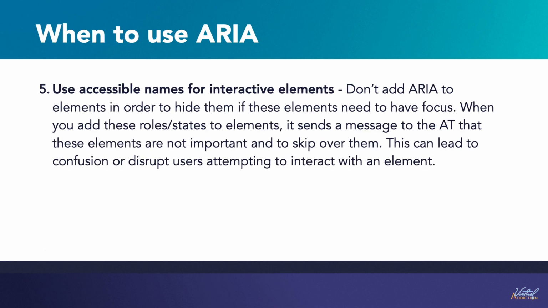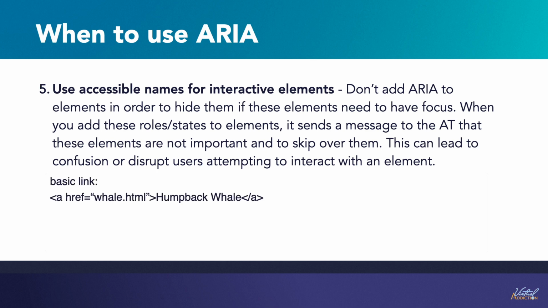Finally, we always want to use accessible names for any sort of interactive element. The purpose of an interactive element needs to be conveyed to a user before they know how to interact with it. So ensure that all elements have an accessible name for people that use assistive technology devices. Accessible names can be the content surrounded by the element, like a text node, or they can actually be other attributes, such as the alt attribute.